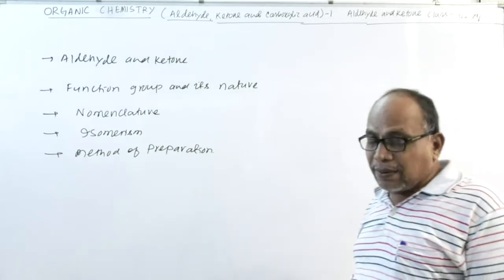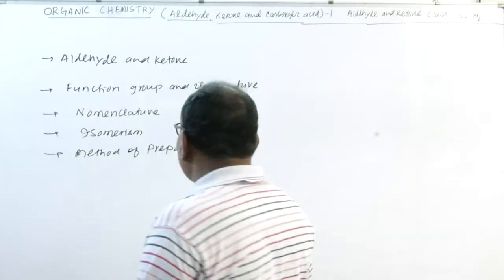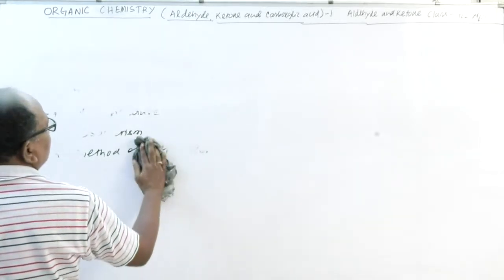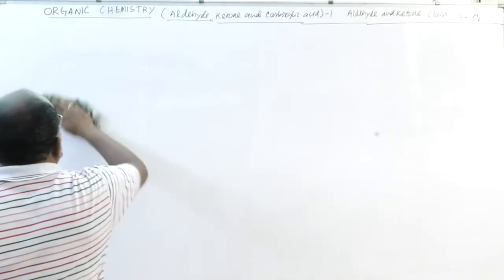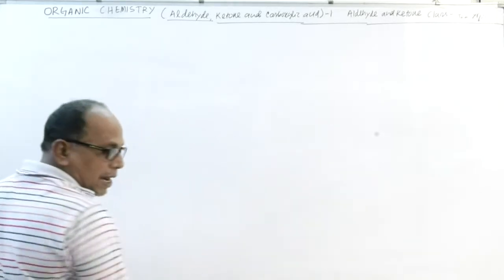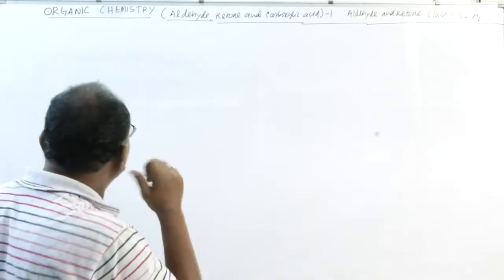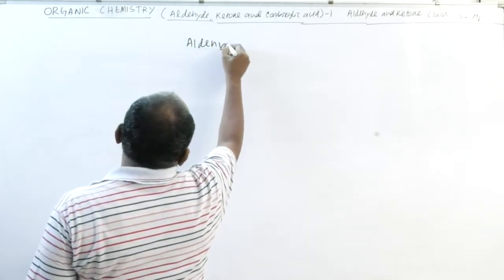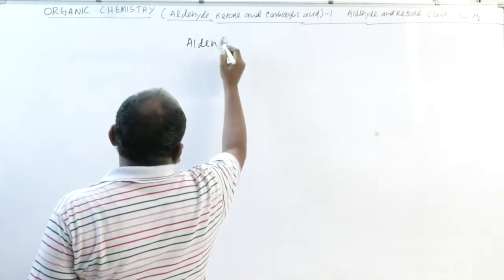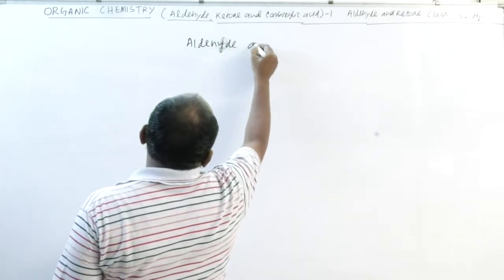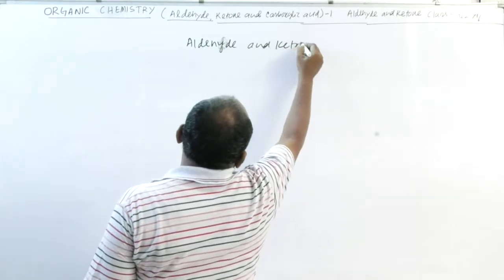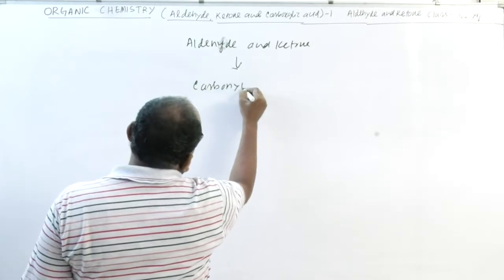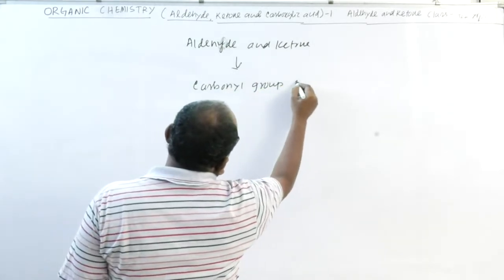First, what do you mean by aldehyde and ketone? Aldehydes and ketones are the same class of compounds, a class of carbonyl group compounds.